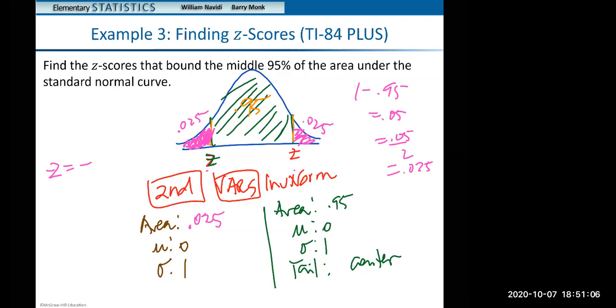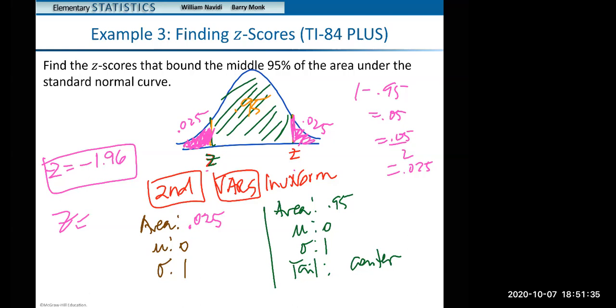Here I'm going without a tail. If you use 0.025, you will see negative 1.96. Do you agree? Yes. So that is your answer. And since it's in the middle, for this section you don't need to enter what's to the left of this.